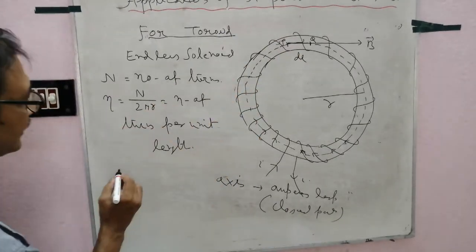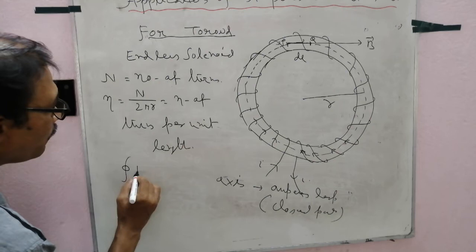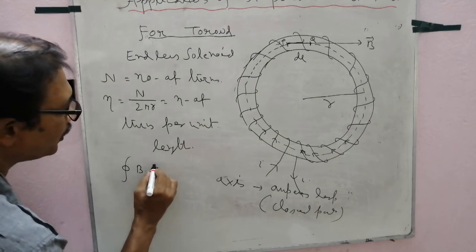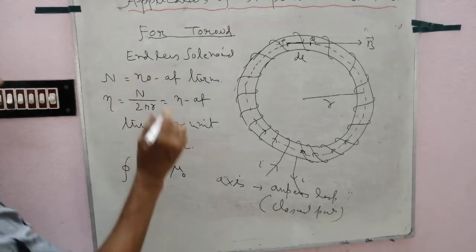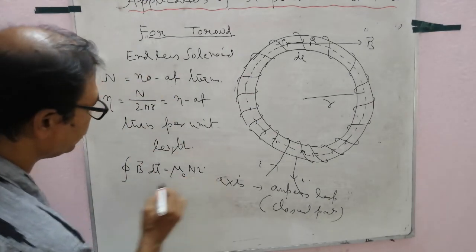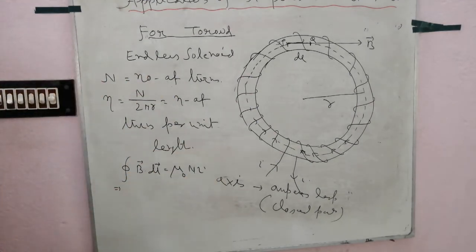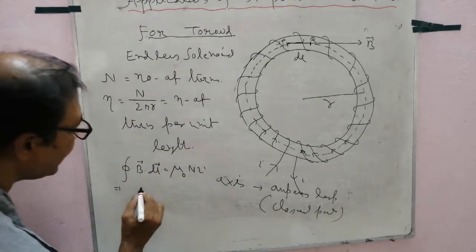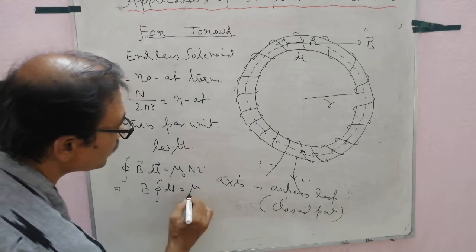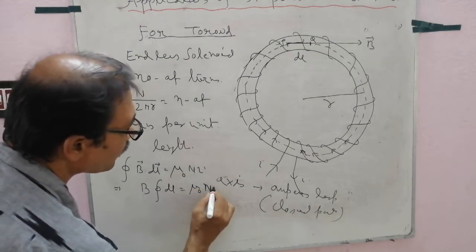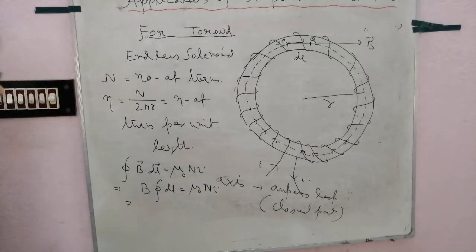By applying Ampere's circuital law, the integral of B dot dl equals mu 0 times the total current Ni. What is the integration of dl? That is 2 pi r.